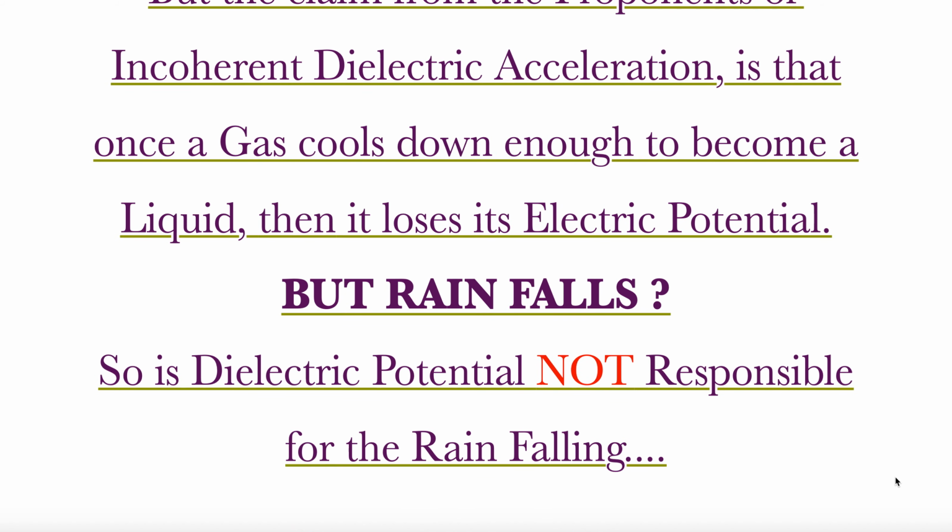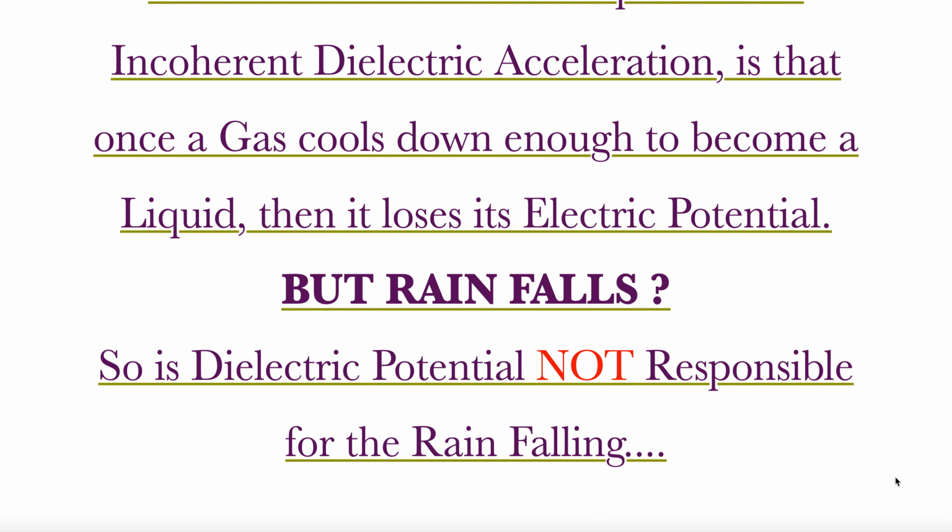And what electric potential does gas have? Other than ionized gas, which is plasma, that's affected by a magnetic field because it has electromagnetic properties. But gas in gas form, not in liquid form, liquid gas being an oxymoron.